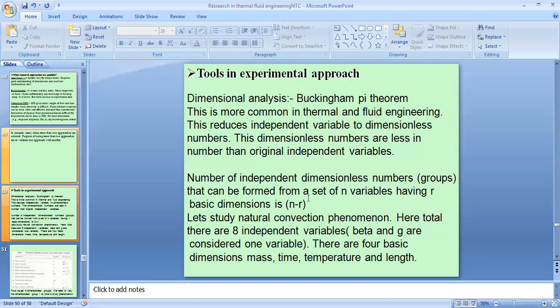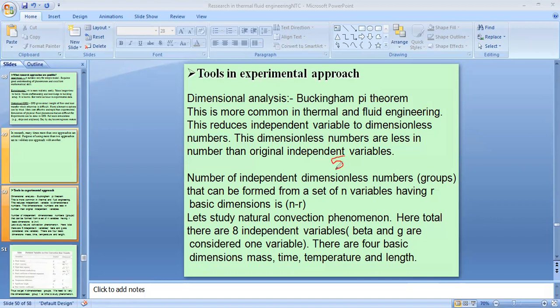Now there are tools in the experimental approach. One tool that we generally use in heat transfer and fluid mechanics is dimensional analysis. So we'll understand the importance of dimensional analysis. Suppose in your analysis there are 5 parameters.